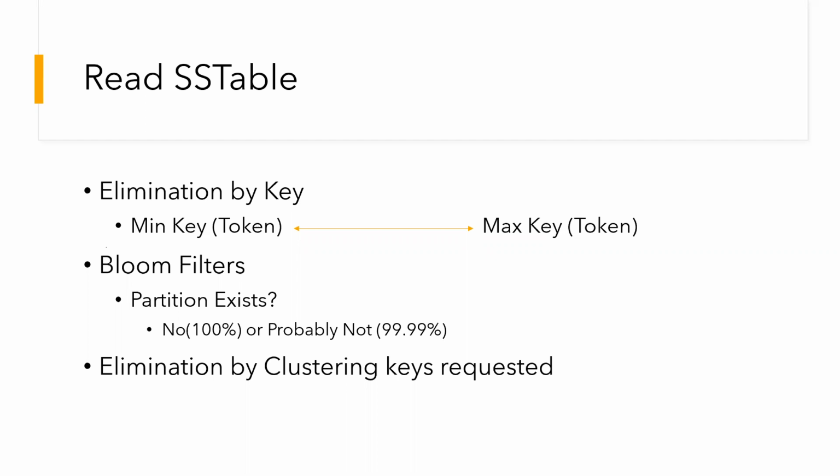There is also elimination by clustering keys, where your request comes with a set of clustering keys. On a node you will have a bunch of SS tables, and reading through each SS table to find a specific value would be very time consuming. So these layers are kept on top to eliminate most of the SS tables and go to the respective offset more quickly.